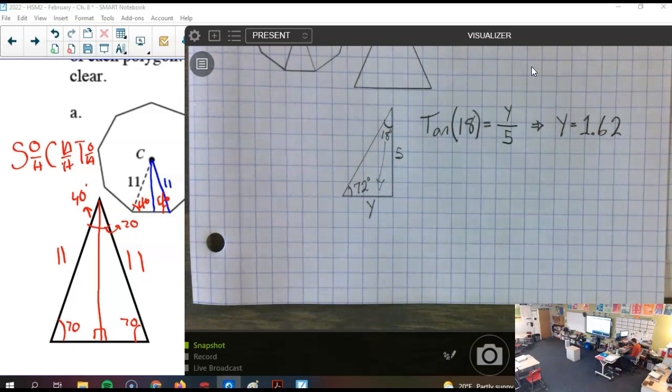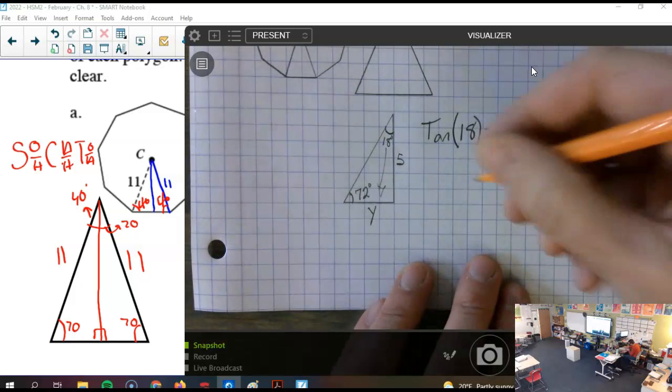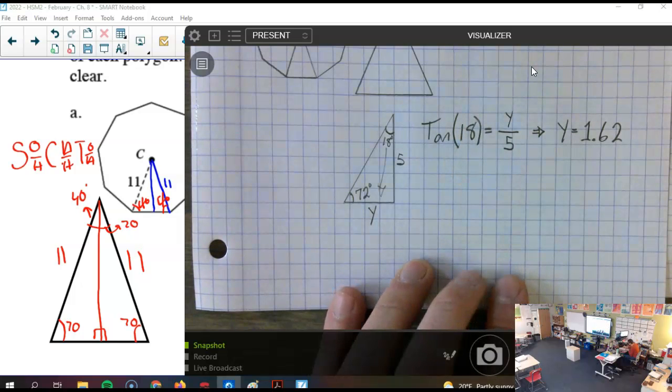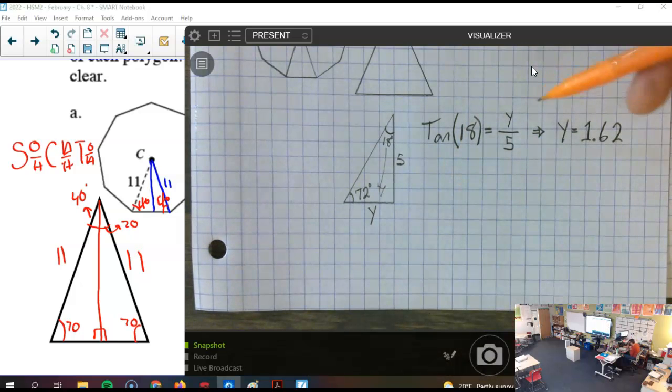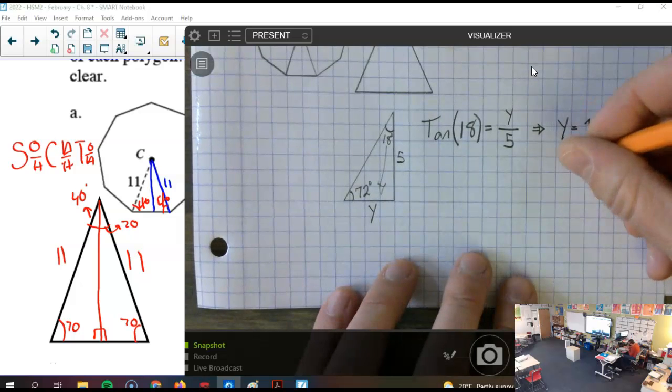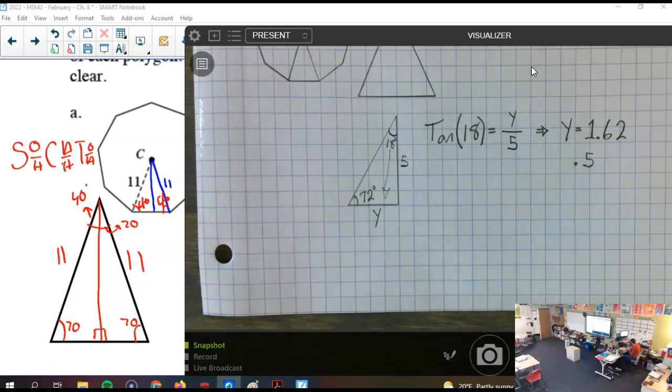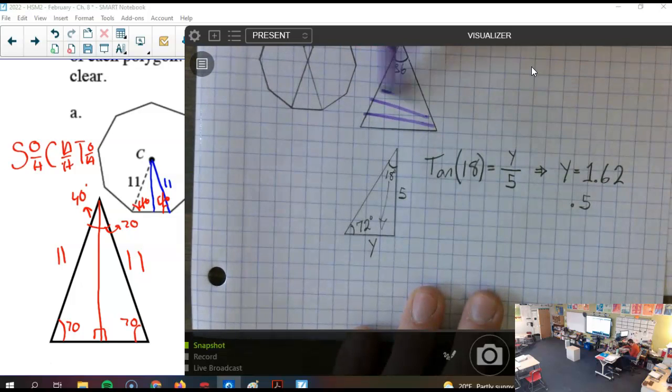So then you multiply 1.62 by 5. Or, no, that's what you do. And then you get 8.12. Yeah. So when we multiply this times 5, we have to remember we're actually getting the area of the isosceles, right?